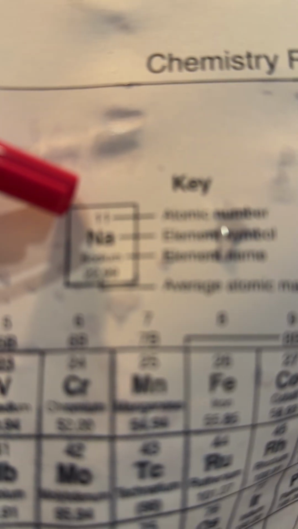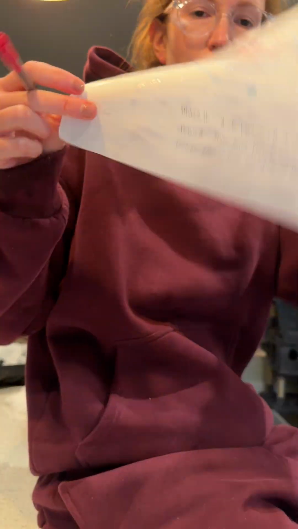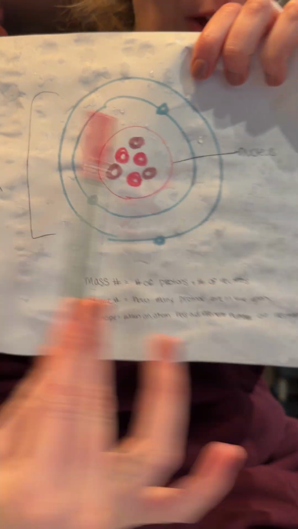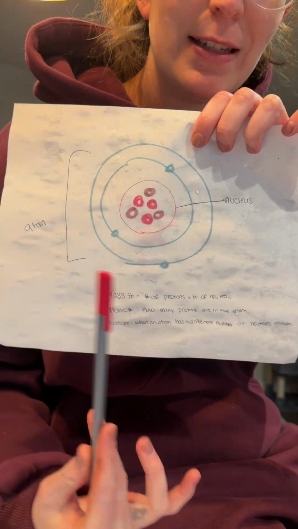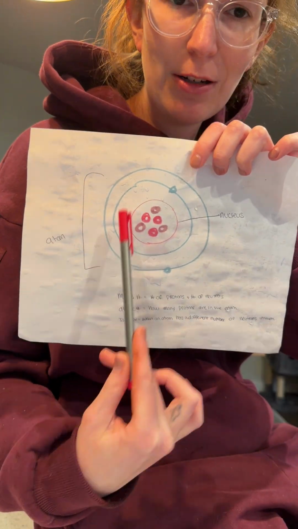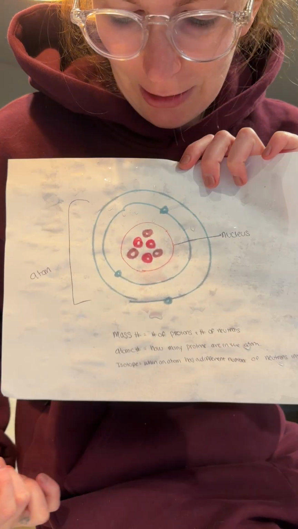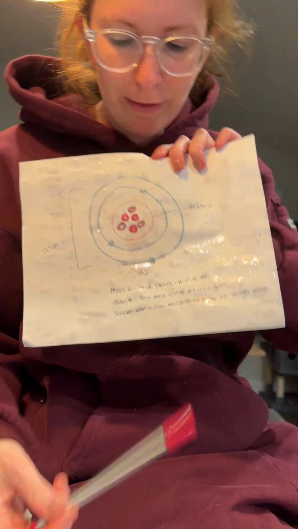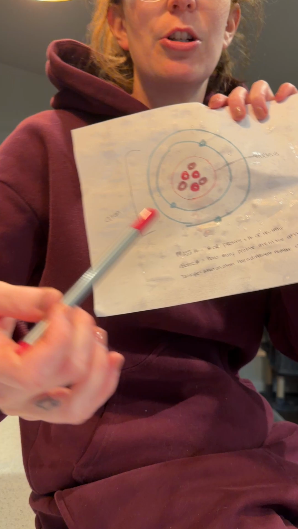Do we remember what this top number here is, this 11? We call that the atomic number. This is also the same amount of protons that are in the nucleus. So just to recap, we've got the whole atom has a nucleus. Inside of the nucleus is protons and neutrons, and around it is the electron cloud where the electrons live. This is all review. It's just been a minute.